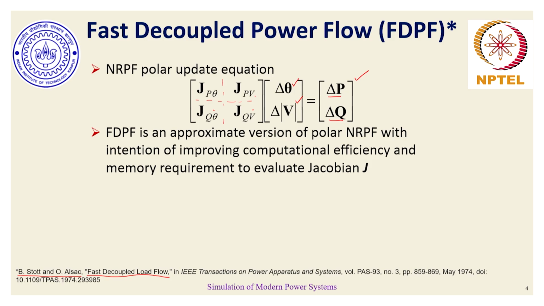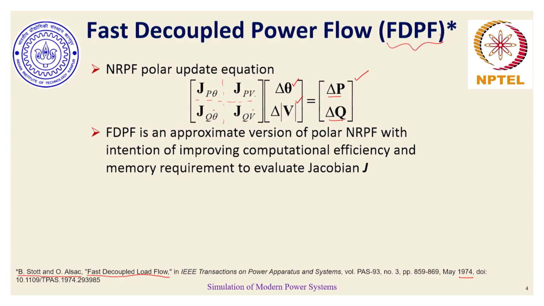This paper came in 1974, but it took almost 1 decade, or more than 1 decade, for the power engineering community to understand the importance of what these two great electrical engineers have done.